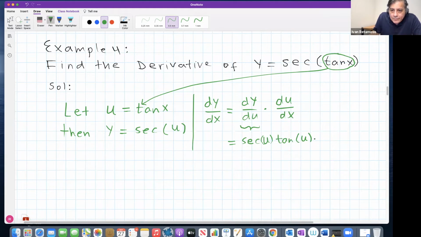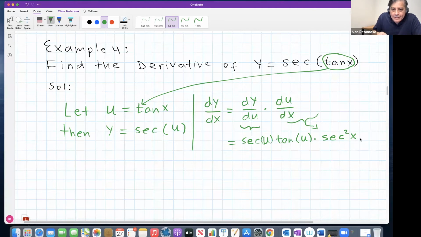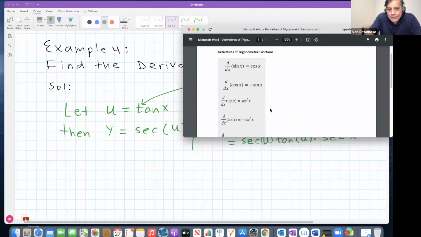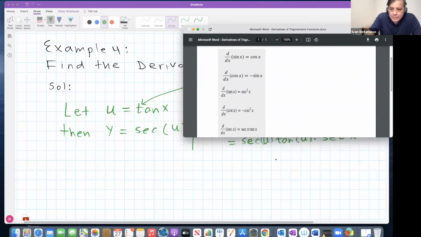Derivative of u with respect to x, this part, should be equal to, looking at this relationship, the derivative of tangent, right? The derivative of tangent is secant square of x. Again, it's here in case you want to check. Derivative of tangent, secant square. Very good.